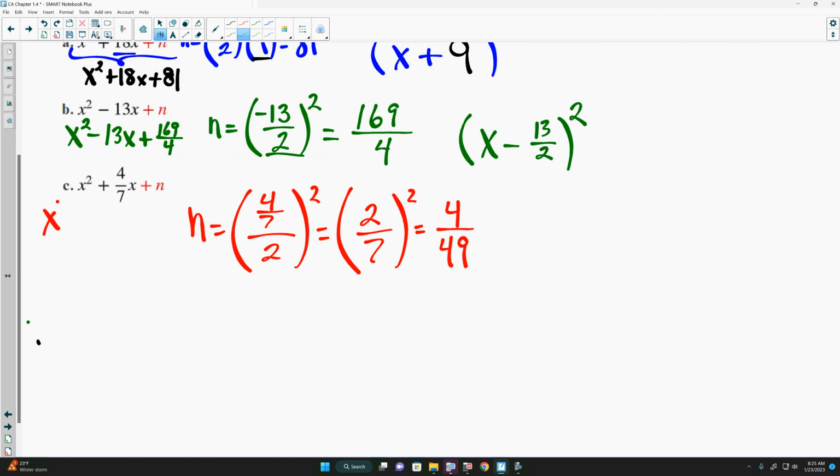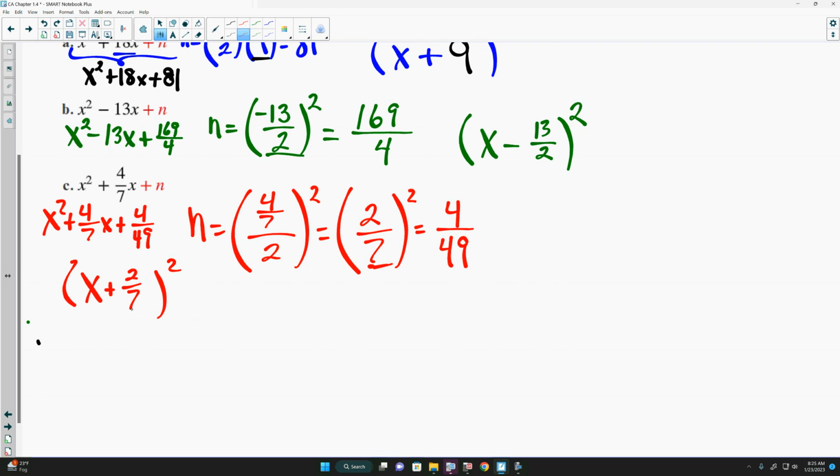So our quadratic is x squared plus 4/7 x plus 4/49. And if we factor this, well, our number inside the parentheses before we squared it was 2/7, and positive, so it'd be plus 2/7. So the method is the same. It doesn't matter what the number is, positive, negative, fraction, whole numbers. It's going to work out the same way.